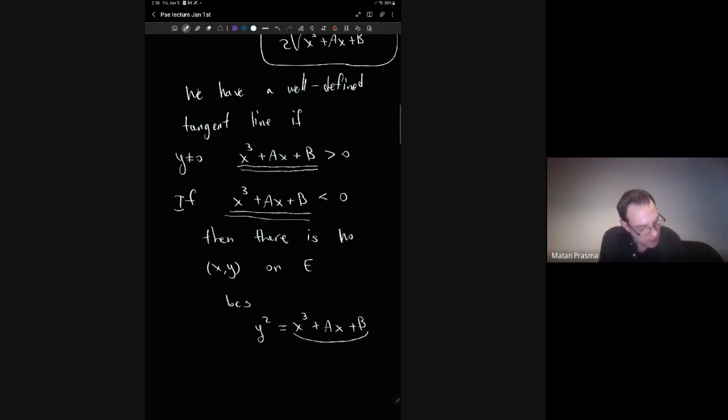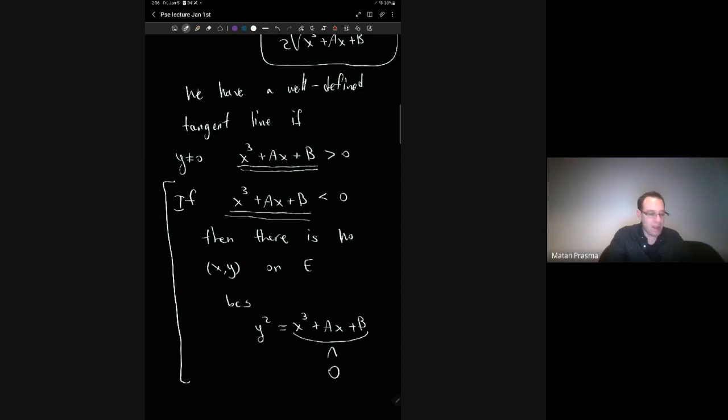If this is negative, then it cannot be y squared of any y, because y squared is always non-negative. So this case we can ignore.